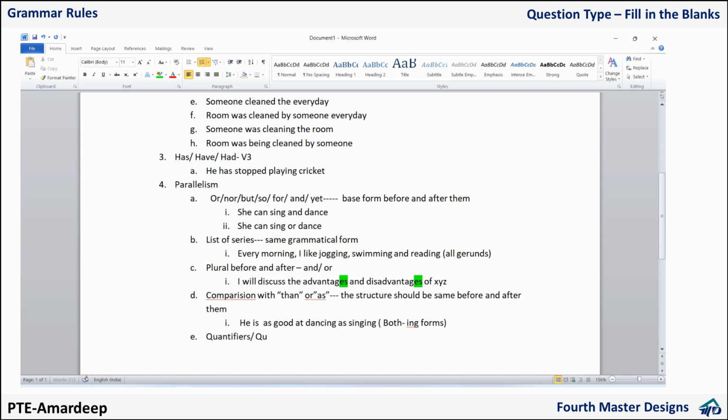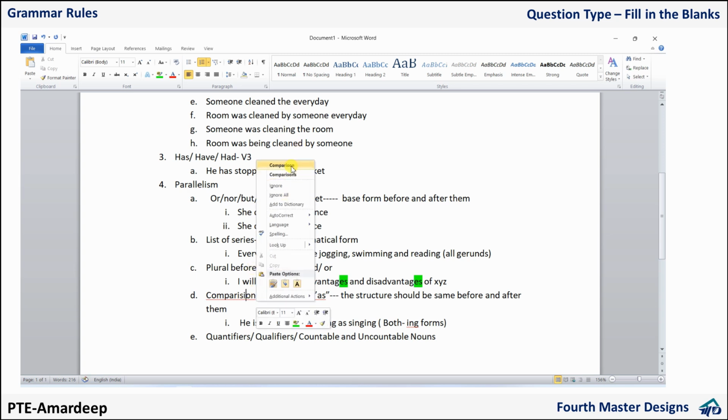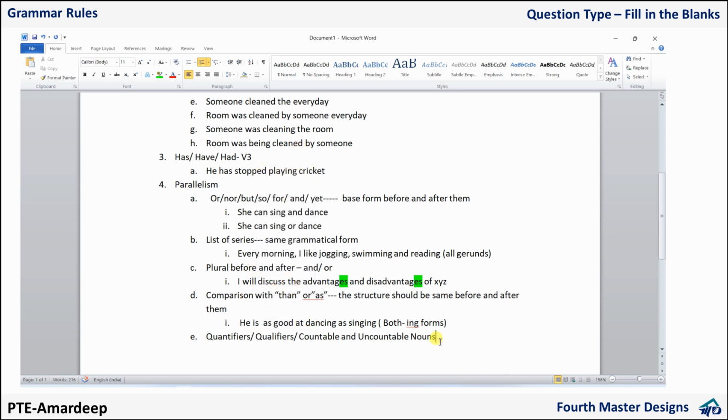Then we have countable and uncountable nouns. I'm combining them because they are kind of the same, the rule is kind of the same, so that's why I'm writing them under one heading only.